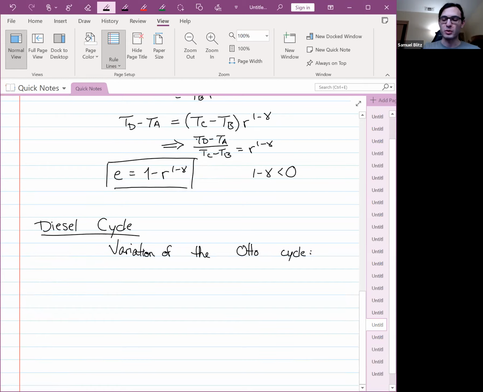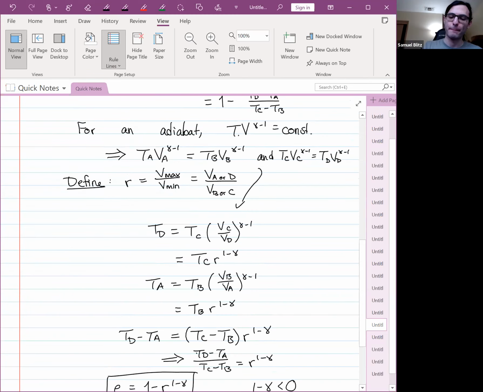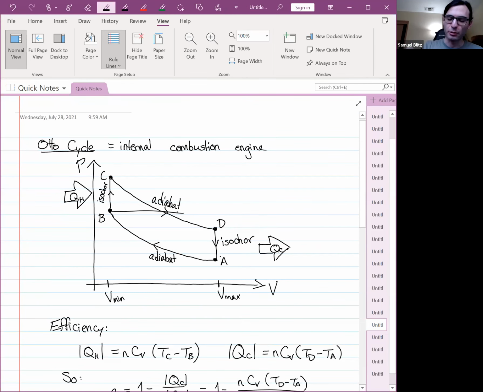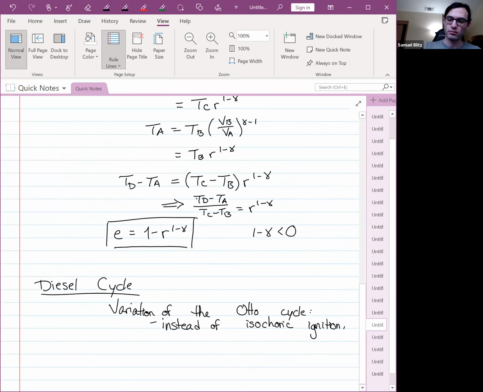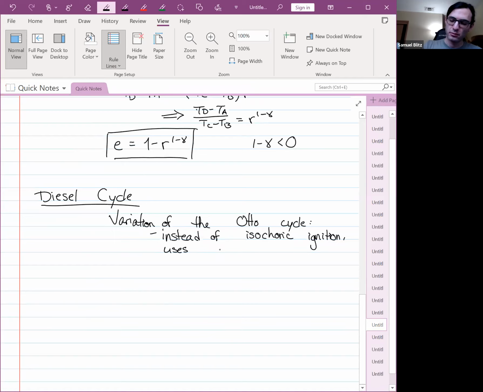So the only difference between the diesel cycle and the Otto cycle is that instead of isochoric ignition, which was the left process over here, it uses isobaric ignition. So it goes across instead, meaning constant pressure. So the ignition is almost slower.